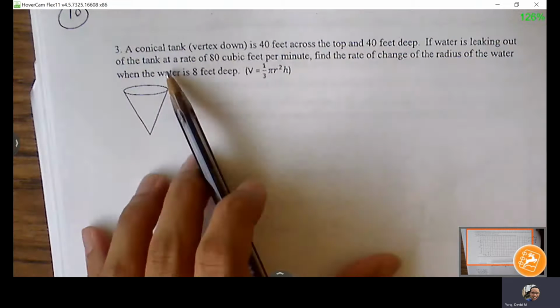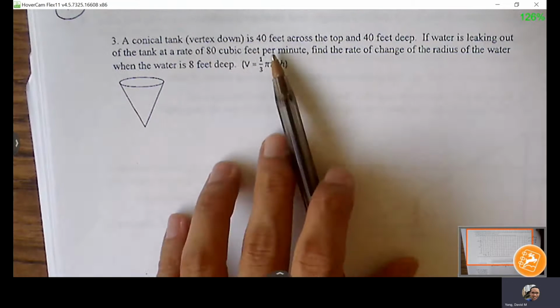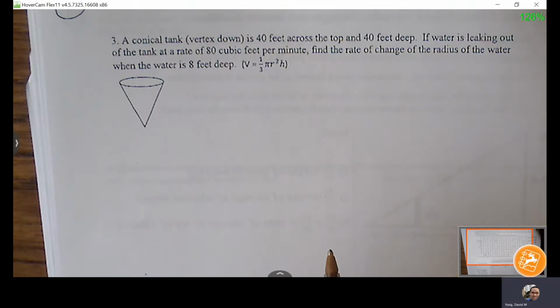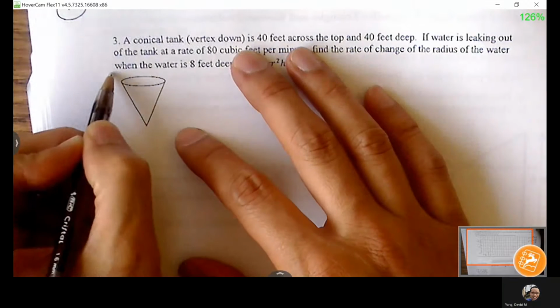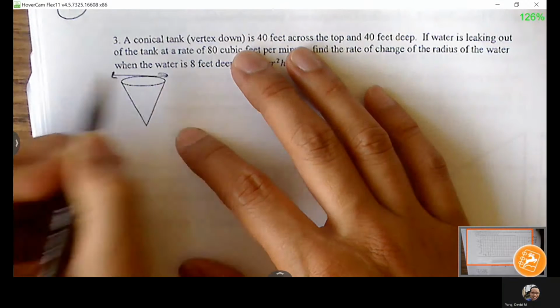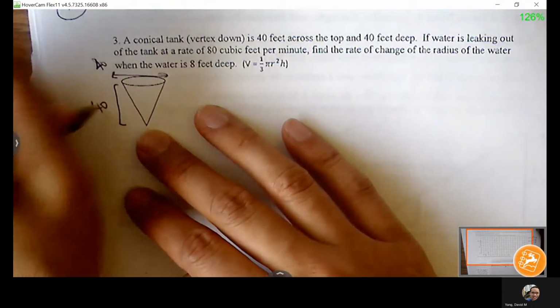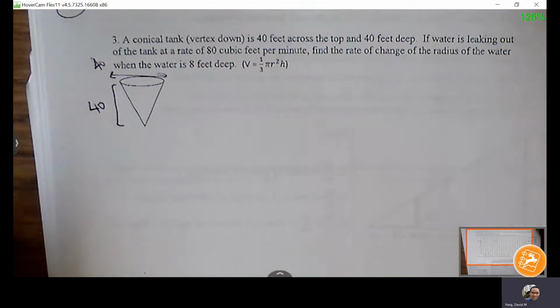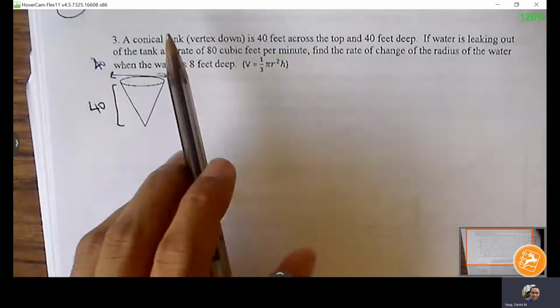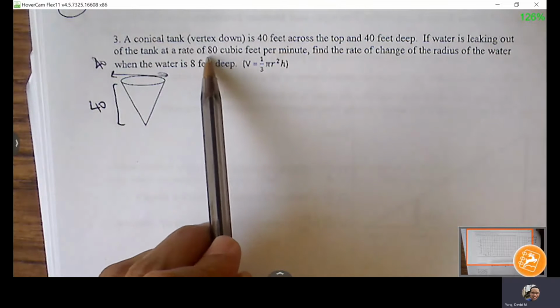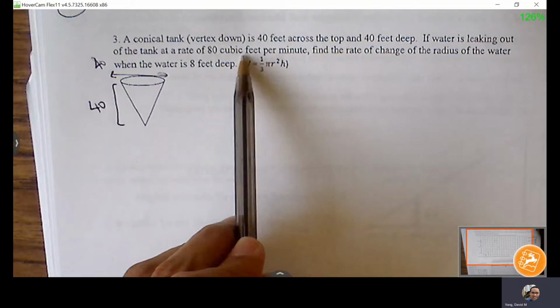Okay, so conical tank, vertex down, 40 feet across and 40 feet deep. Water is leaking out at a rate of 80 cubic feet per minute.